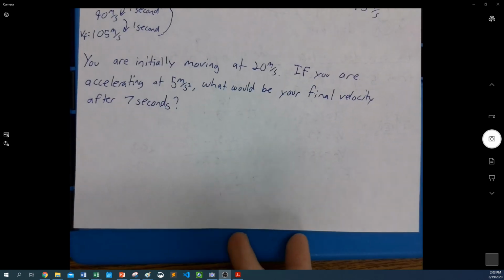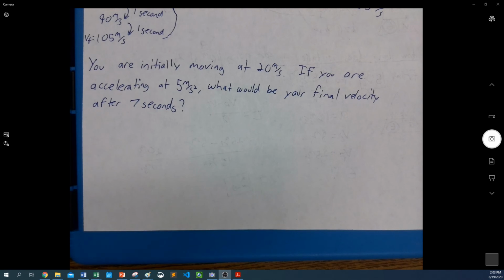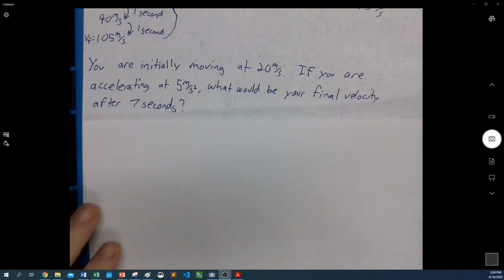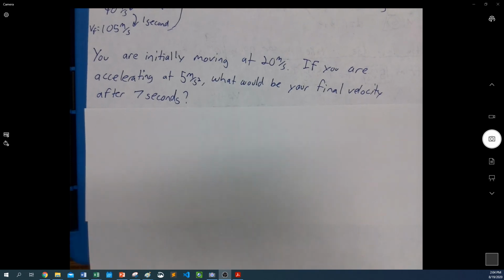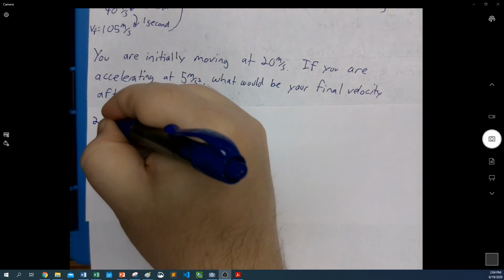So one way of doing this would be to start at 20 meters per second.